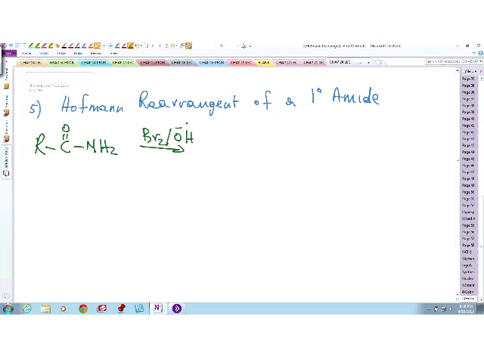The hydroxide could come in the form of sodium hydroxide or potassium hydroxide. What you are going to get is a rearrangement in which you will get this.